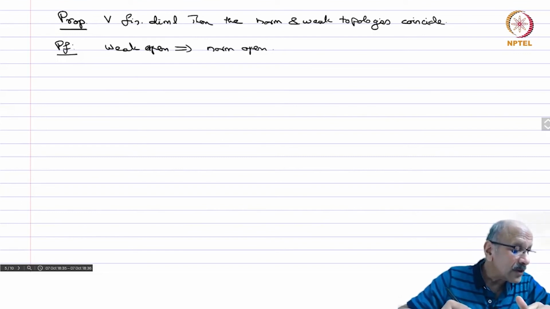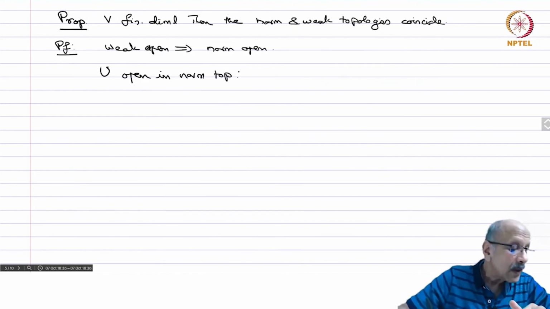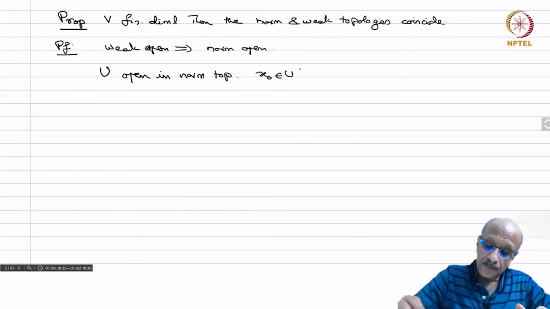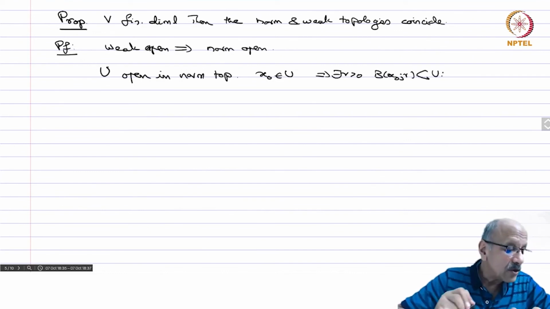So now let us take U open in norm topology. So let x naught belong to U, and then there exists an R positive such that the ball center x naught and radius R is still contained in U.